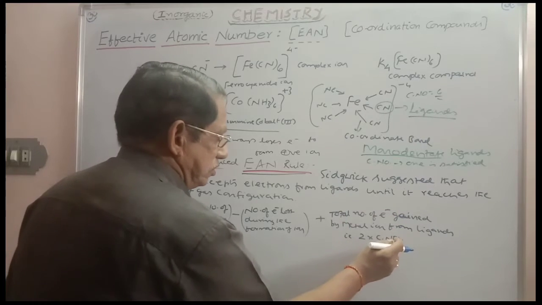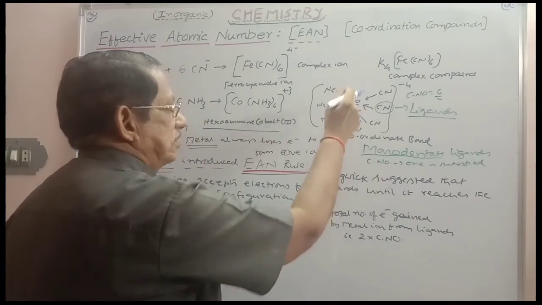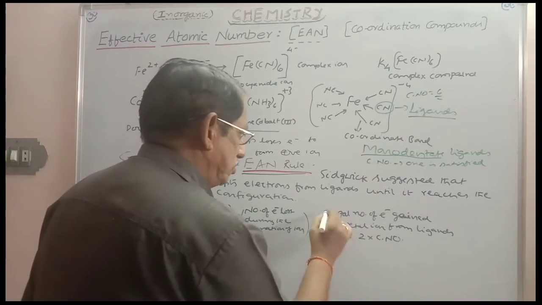So the number of ligands surrounding the metal ion is the coordination number, and so 2 into coordination number.